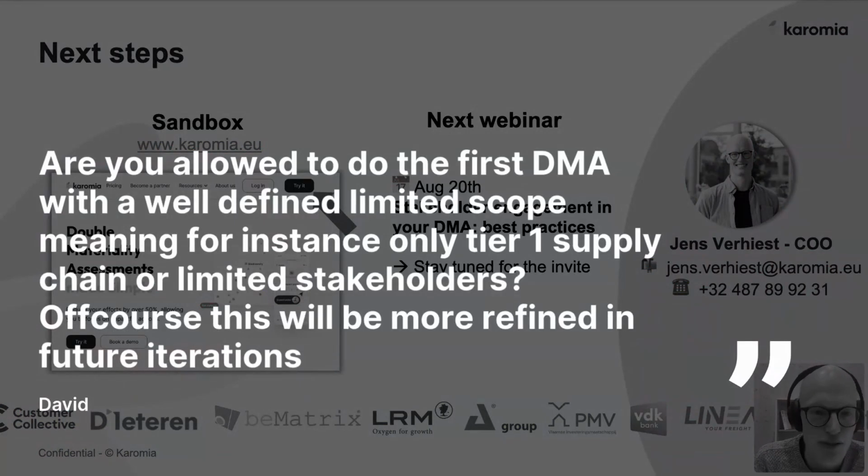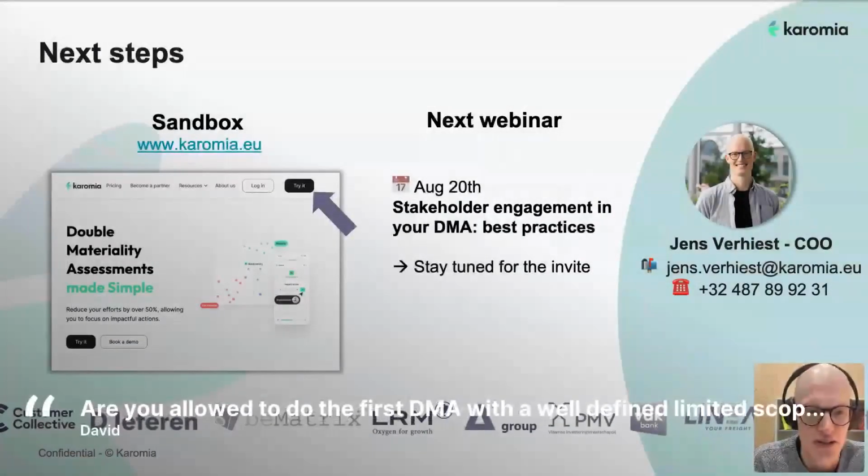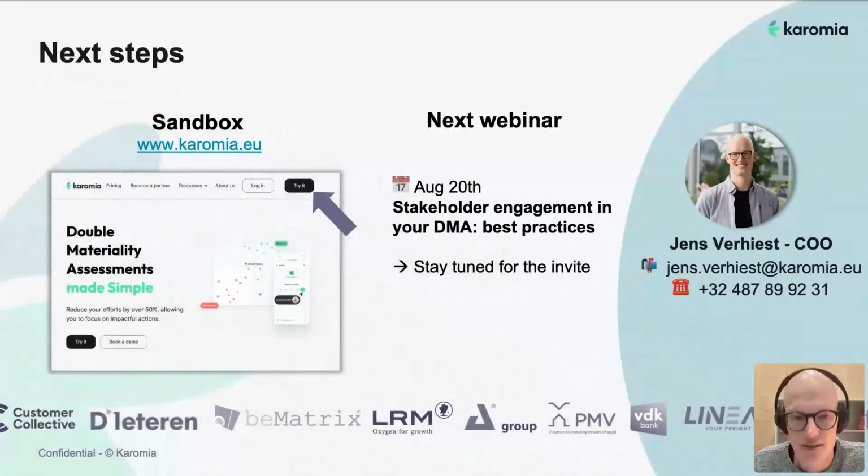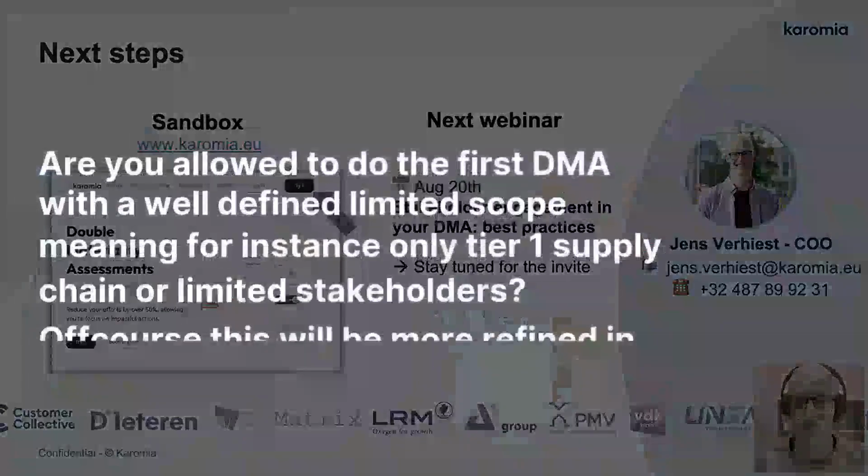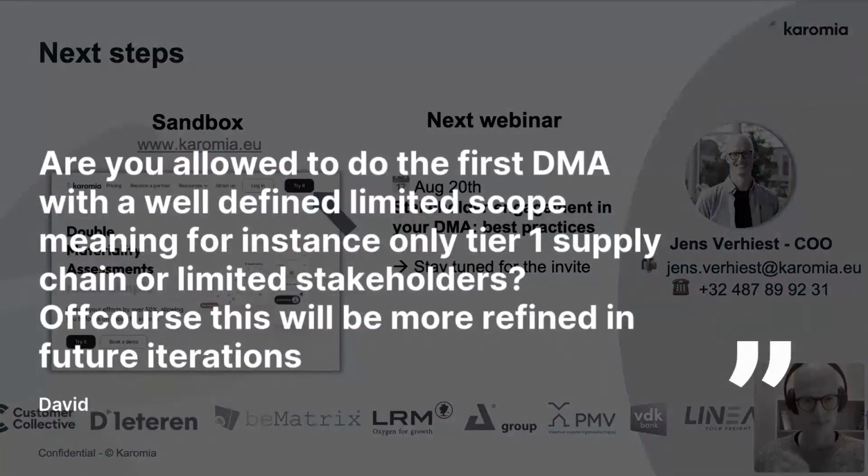Are you allowed to do the first DMA with a well-defined limited scope, meaning, for instance, only tier 1 supply chain, or limited stakeholders?